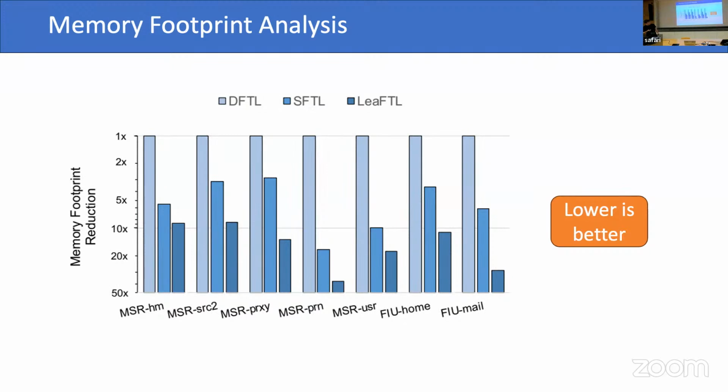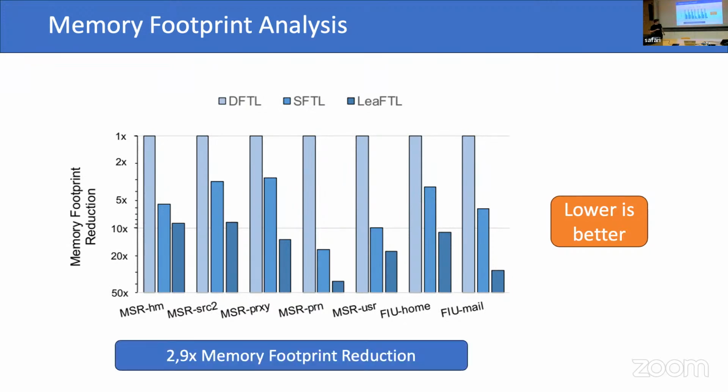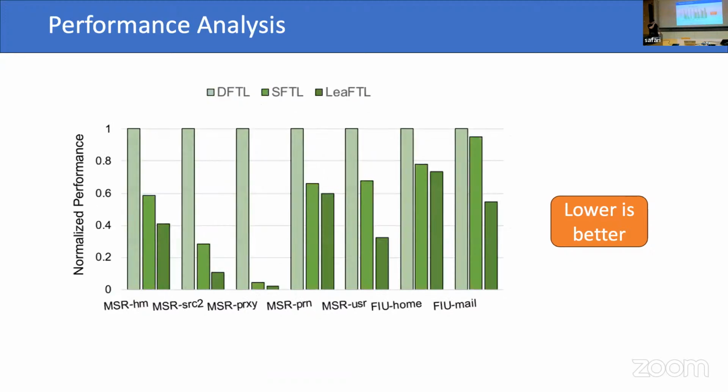We can see that there is a big reduction on memory footprint. On average, it's 2.9x, but we can see that in some workloads, it's really, really big, like almost 40x. For the second one, I will show performance analysis. On the y-axis, we have normalized performance, which is basically we put DFTL at 1, and then we compare the others to DFTL.